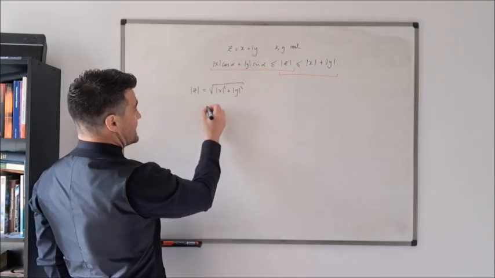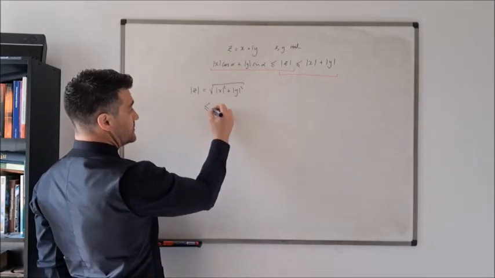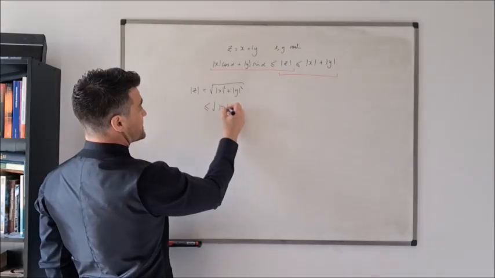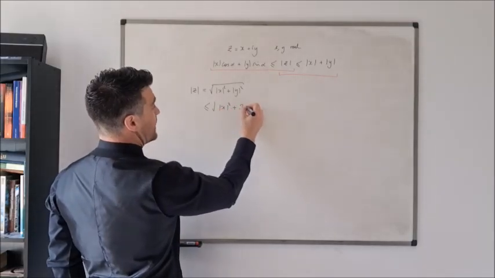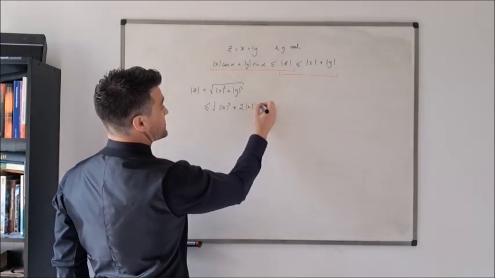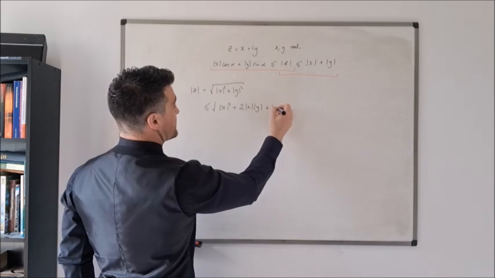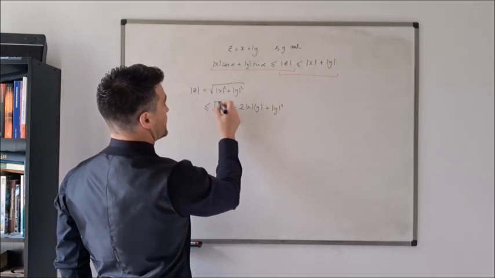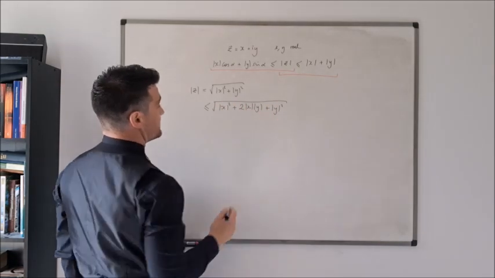Okay, and that is going to be less than or equal to modulus of x squared plus twice the modulus of x times the modulus of y plus the modulus of y squared. Okay?